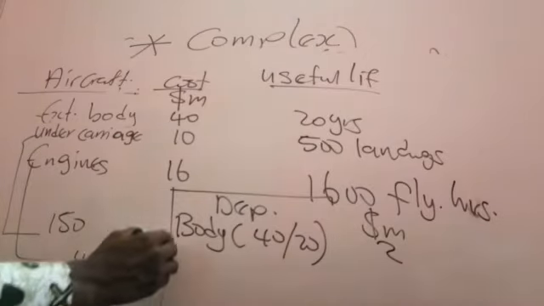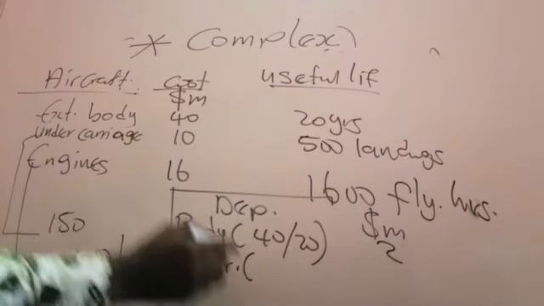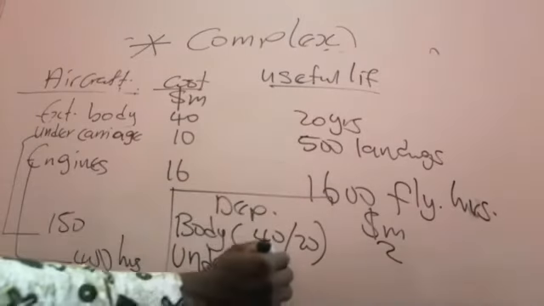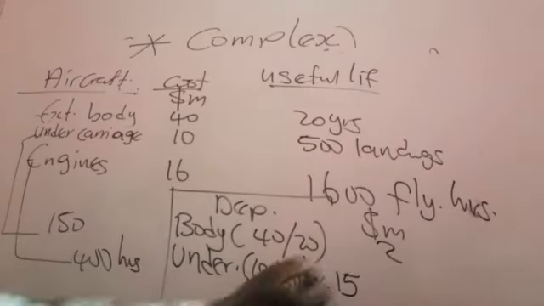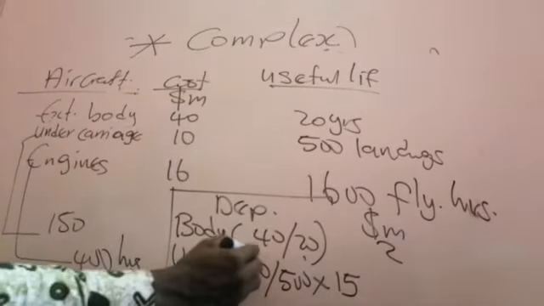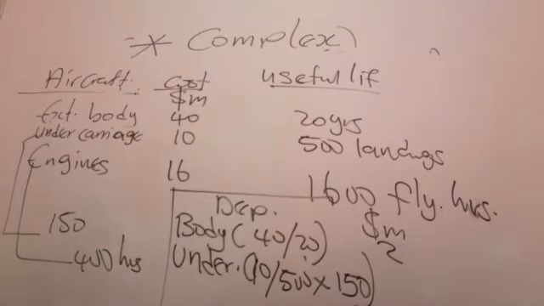Then the second component, the undercarriage, will go for 10 million divided by 500 times 150. 10 divided by 500 gives us 0.02, times 150, that gives us 3 million.